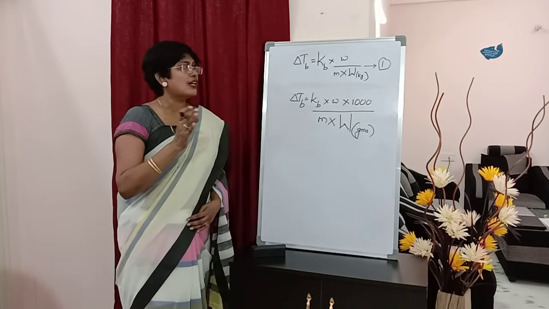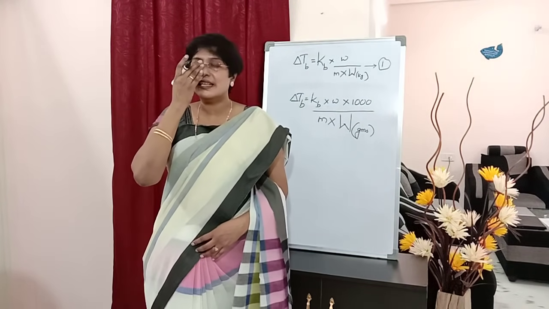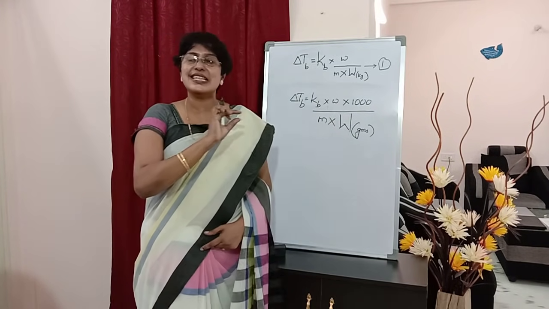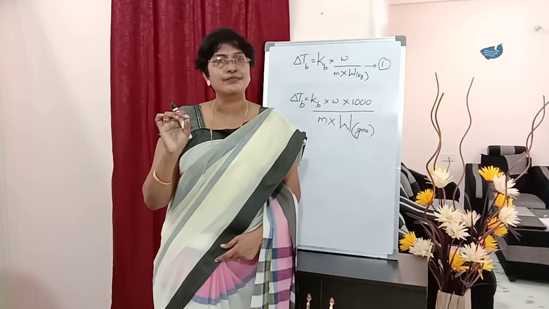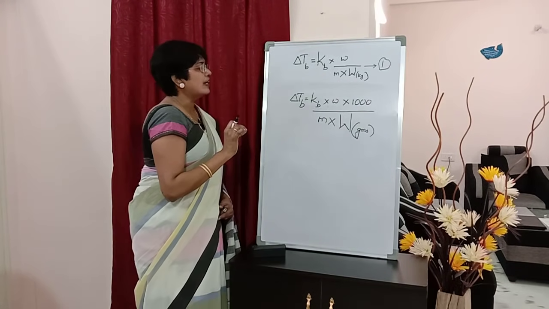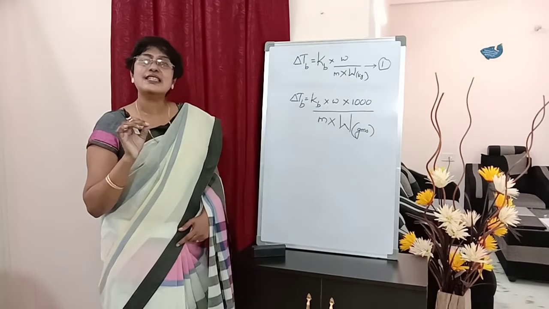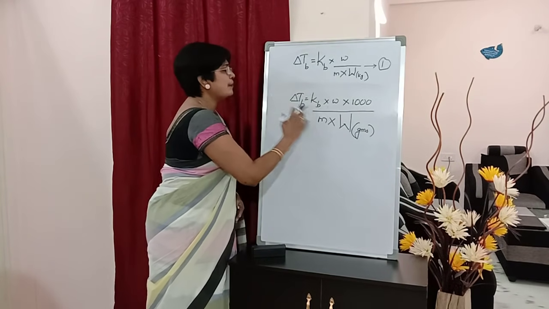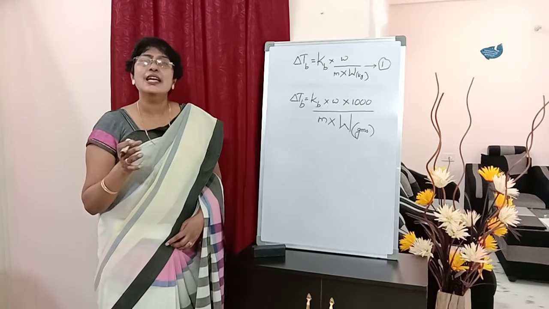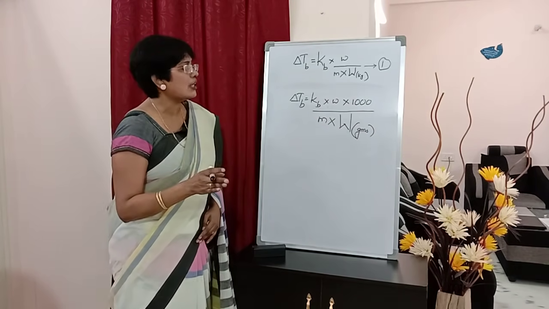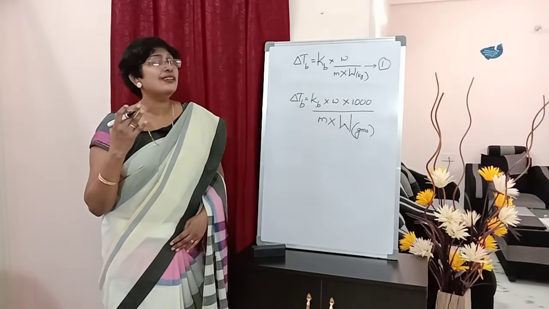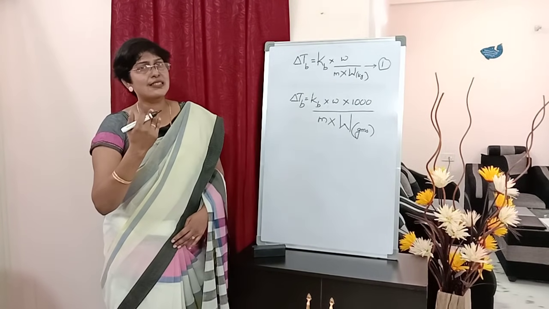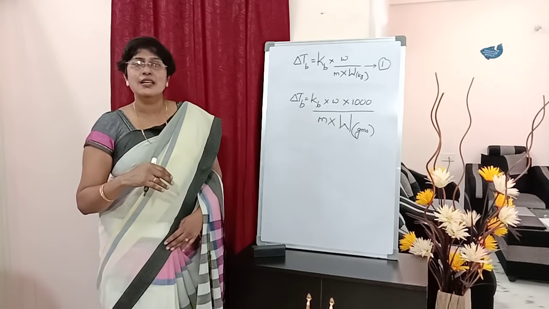In exam you need not write that is in kg, that is in grams. You need not mention here and here. Okay, so just write it down in the sentence. So if weight of the solvent is taken in grams, then equation 1 becomes delta Tb is equal to Kb into small w into 1000 by small m into capital W. Okay, so grams to kgs means we will divide it by 1000.